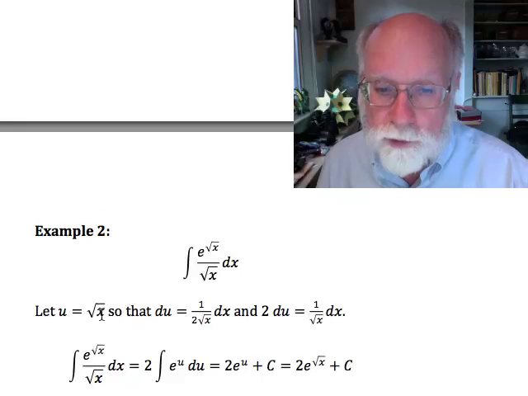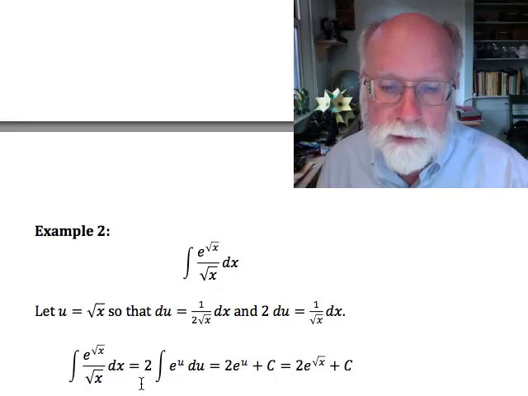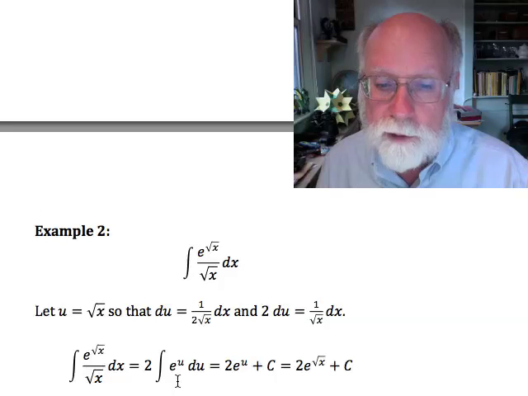So now we use this information to rewrite the integral of e to the root x divided by root x dx as the integral of 2 e to the u du, and we know how to integrate e to the u du. It's just e to the u. We multiply by 2 and add a constant of integration.